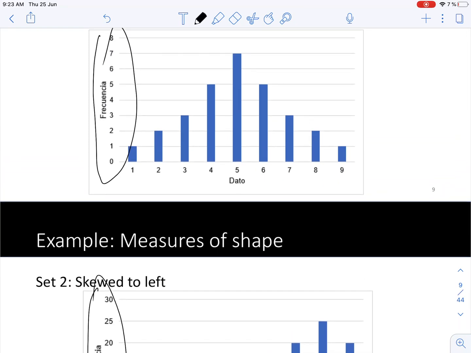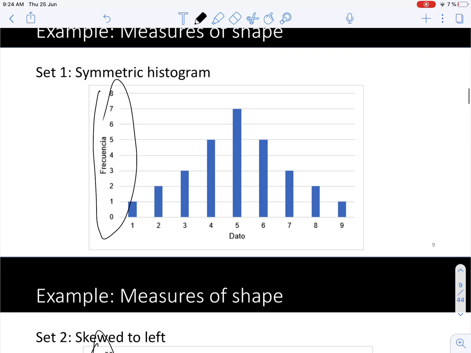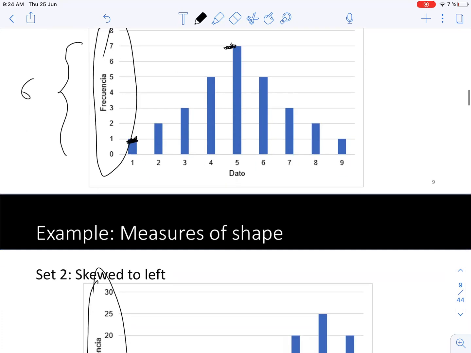Then a tip or a little advice that I may give you is that what you can do is compare the frequency of the highest value of the peak with the lowest frequency. So this is 7, the highest, and this one is 1. So the distance between the lowest and the highest frequency is 6, right? 7 minus 1.